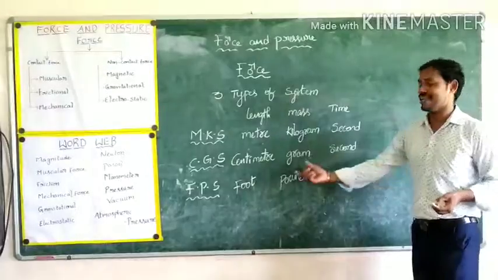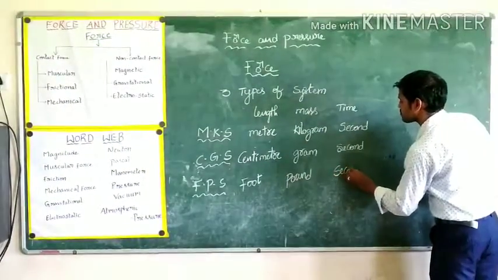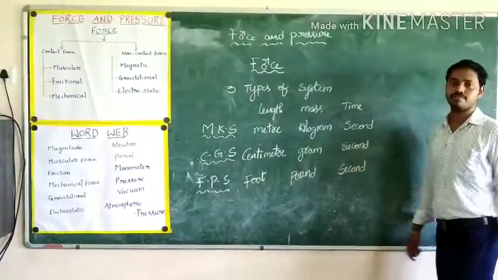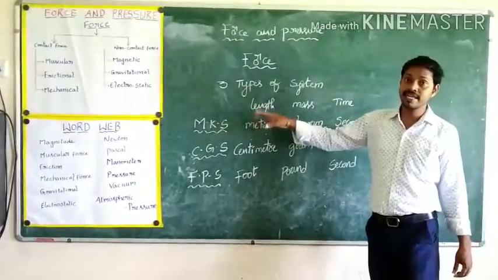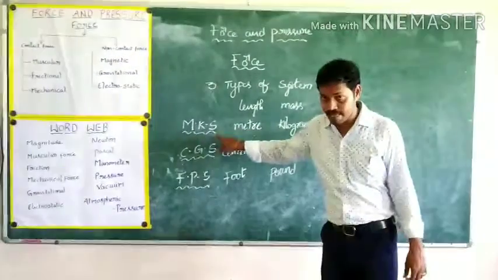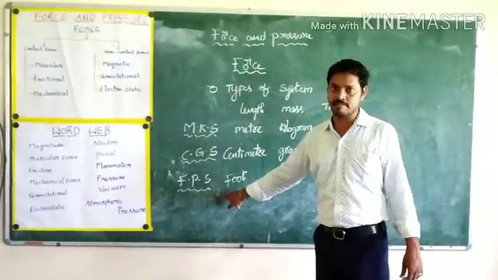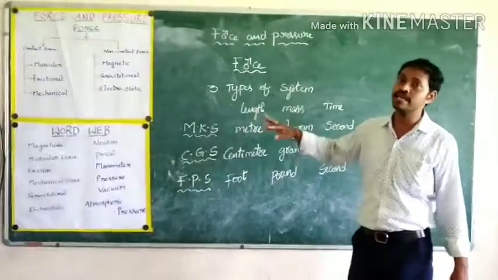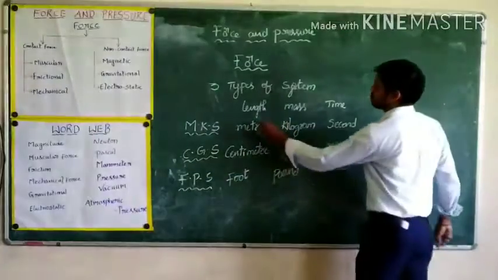The last one, S means second. Okay. We have mainly three types of systems to measure units. What are those? MKS system, CGS system and FPS system. These systems are used to measure quantities, length, mass and time.